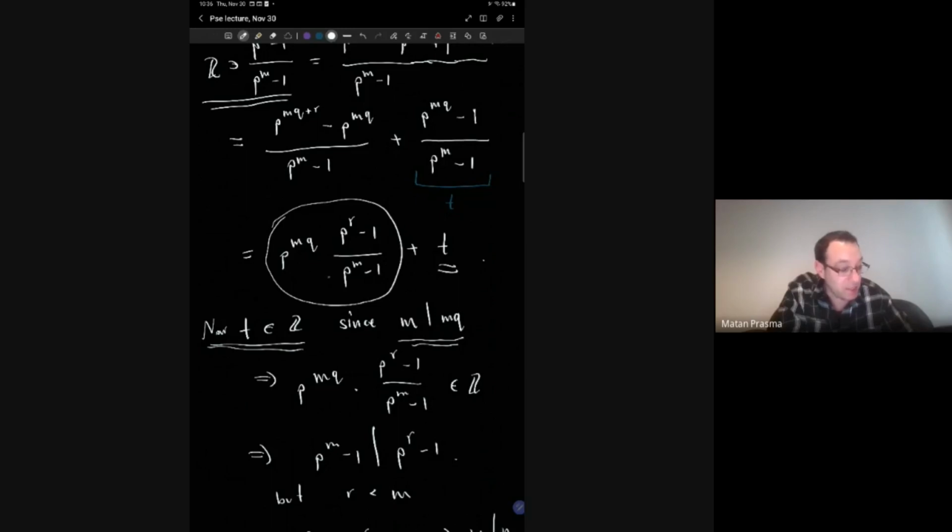Couldn't it maybe cancel out with the p^m q? But the GCD of p^m q and p^m minus 1 is 1. They don't even have a common factor, right?